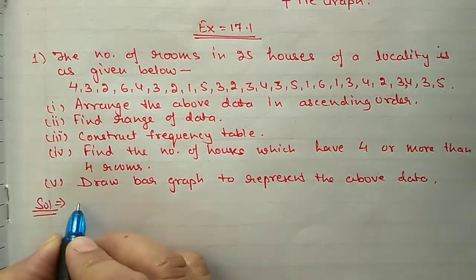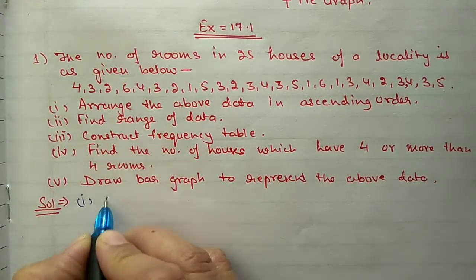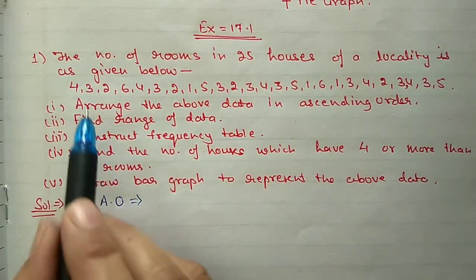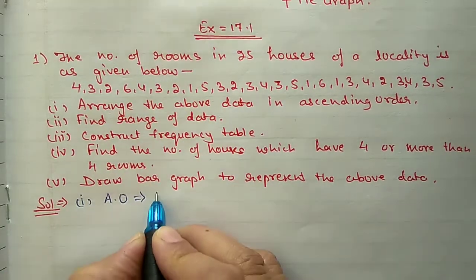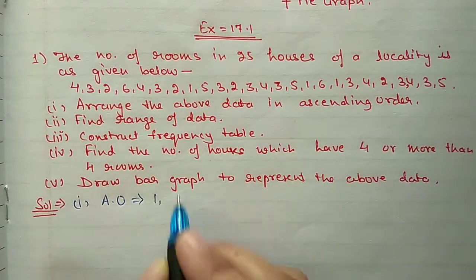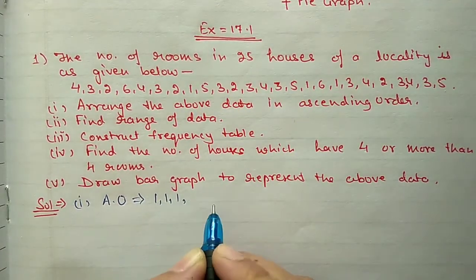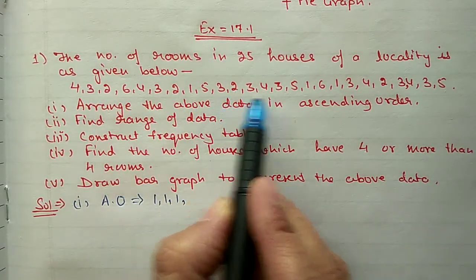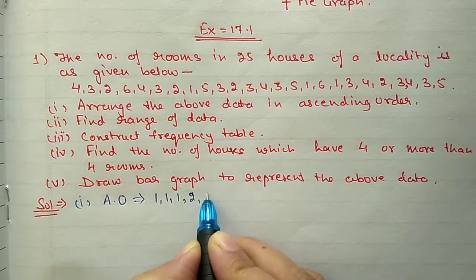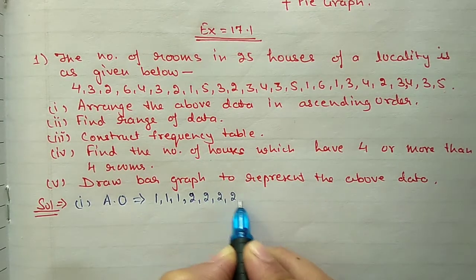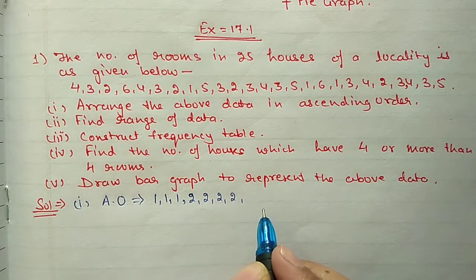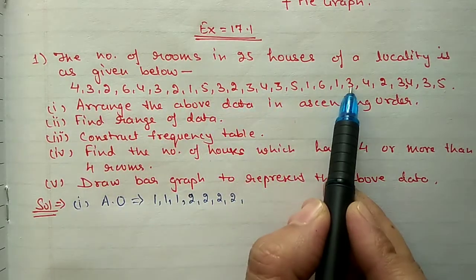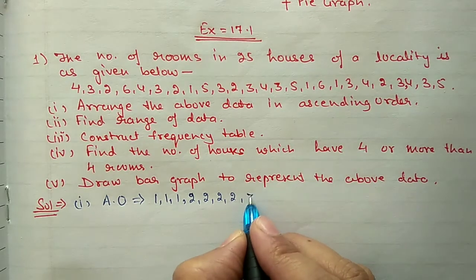So first part, we will arrange this data in ascending order. Ascending order means small to big. So the smallest number from this data is 1, which comes 1, 2, 3 times. After that 2 is there 1, 2, 3, 4 times. Then next number 3 we have 1, 2, 3, 4, 5, 6, 7, 8 times.